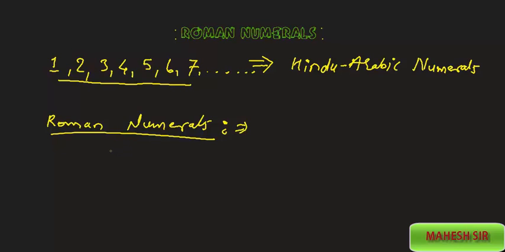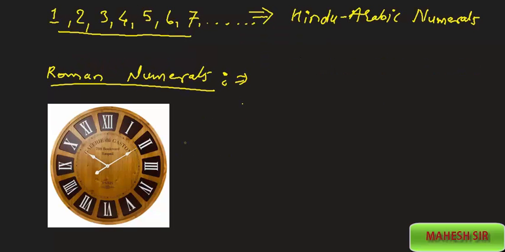So, let us see the figure. Do you know what is the name of this figure or this picture? Yes, student, this is a watch. Look at the watch carefully. In this watch, some symbols are used for showing a number or time. Look, this symbol looks like an I, and this symbol looks like an I. What about this symbol?